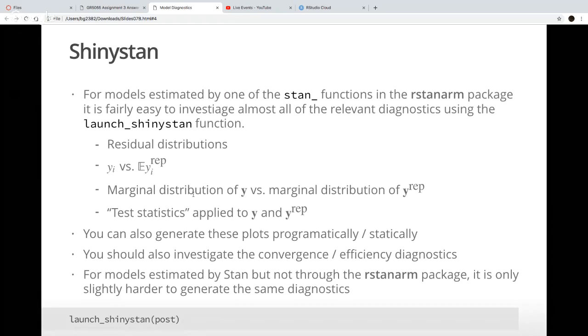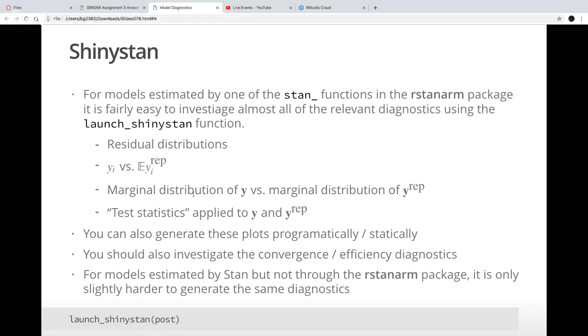For models estimated by rstanarm, and later we'll learn brms and some Stan models, it's fairly easy to investigate a whole bunch of things using the launch_shinystan function, and we're going to see that in a second, to interactively click through a bunch of plots, almost all of which can also be generated programmatically, like in your R Markdown file. It doesn't require clicking, so you should do those.